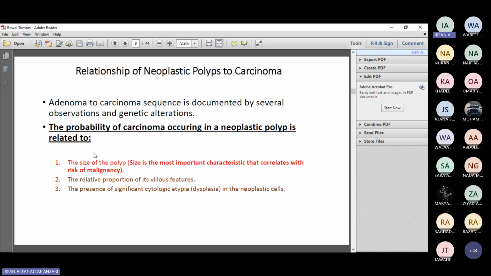And among these 3, the size is very, very important. Or you can have, which one of the following is the most important determinant of malignancy in a polyp or in an adenoma? Size, tubular architecture, mild dysplasia, or something. Okay, so size will be the most important.